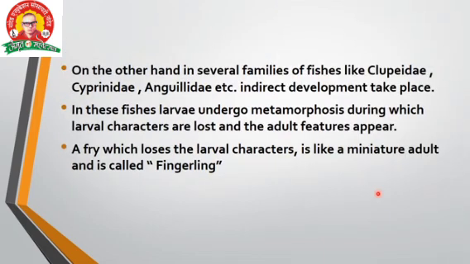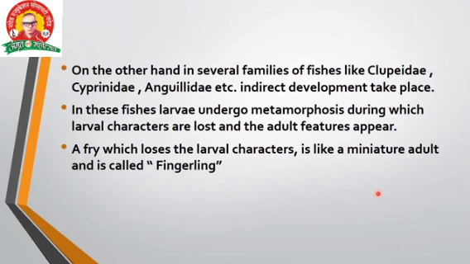On the other hand, in several families of fishes like Clupeidae, Cyprinidae, and Anguillidae, indirect development takes place. In these species, the larva undergoes metamorphosis, during which larval characters are lost and adult features appear.